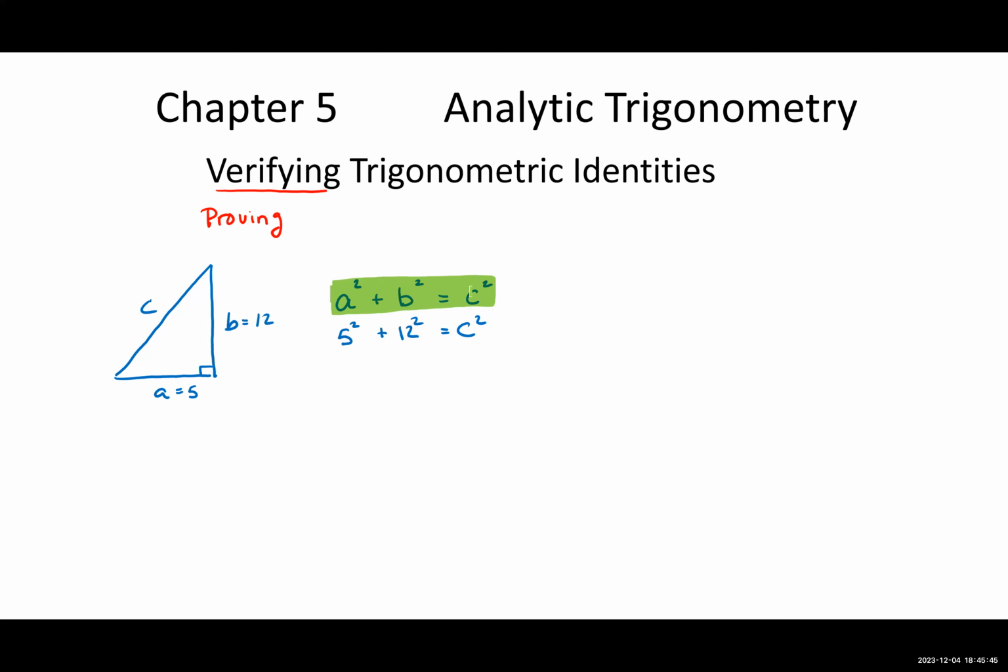So proving the Pythagorean theorem, well, that's I'd say a few steps up in difficulty when compared to using the Pythagorean theorem. But that's what we're going to be doing today in this video, proving or verifying that certain statements are indeed true.